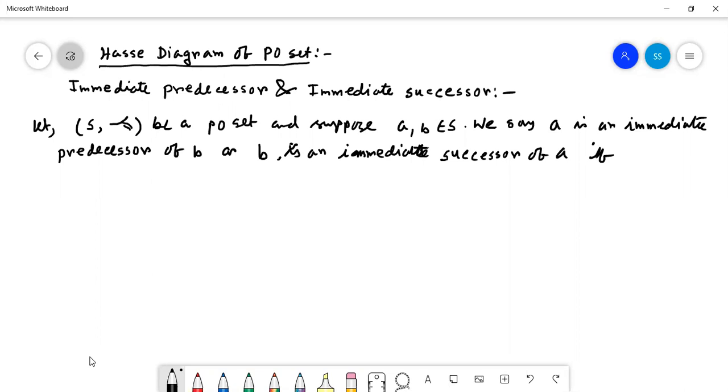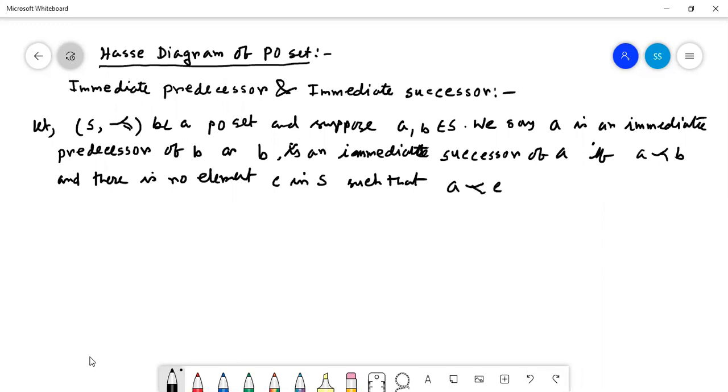if A relates to B and there is no element C in S such that A precedes C and C precedes B. Between A and B there is no element.